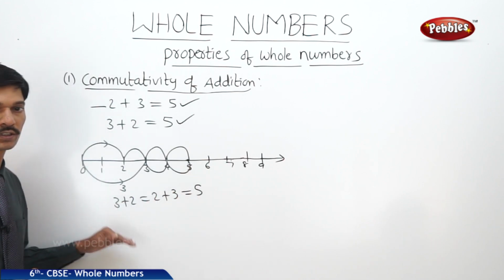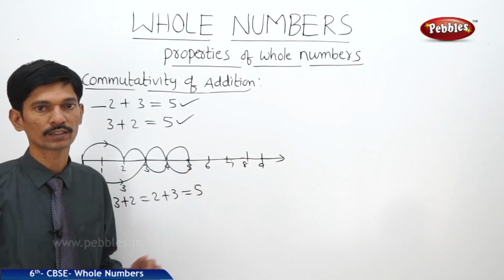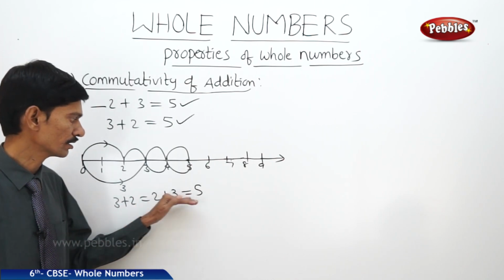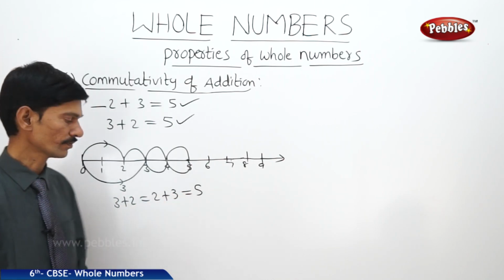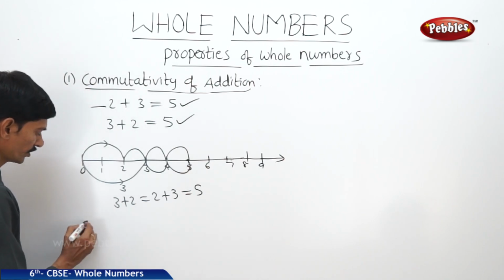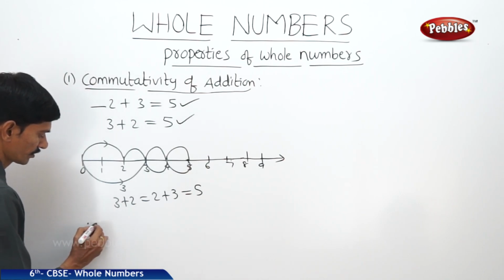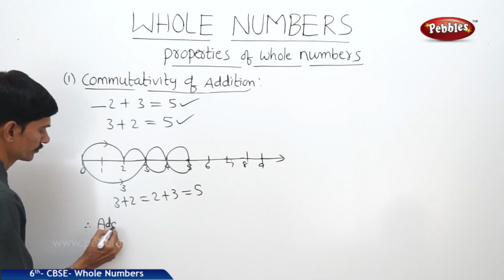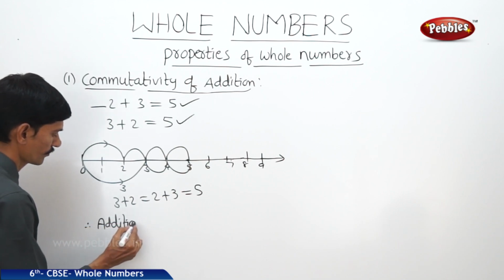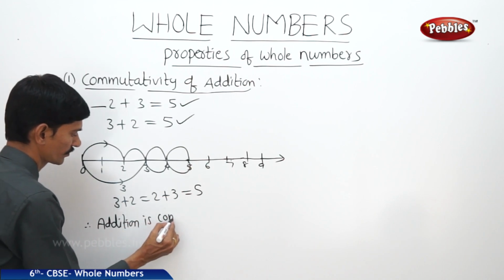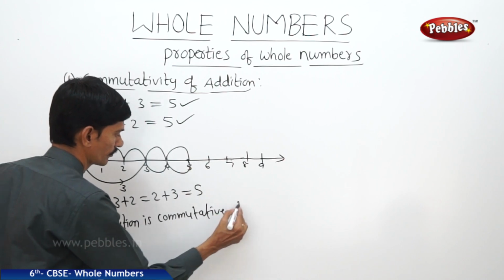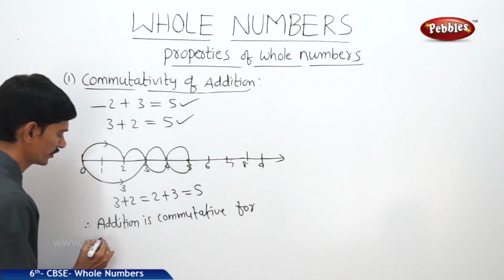If you take any two whole numbers and add them in any order, the sum is the same. Therefore we can write that addition is commutative for whole numbers.